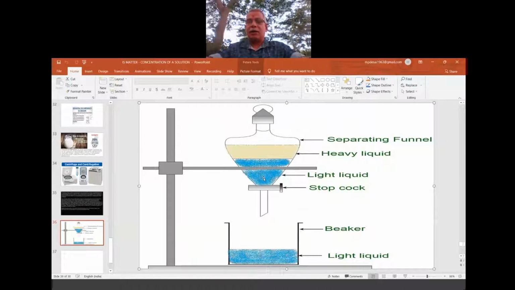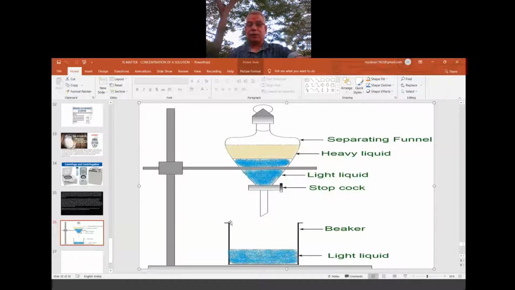After waiting for about half an hour, you can see clearly two layers: the light upper layer, kerosene, and the heavy lower layer, water. Now what to do? Slowly you open the cork, but in the meantime, keep one beaker at the bottom to collect the sample.